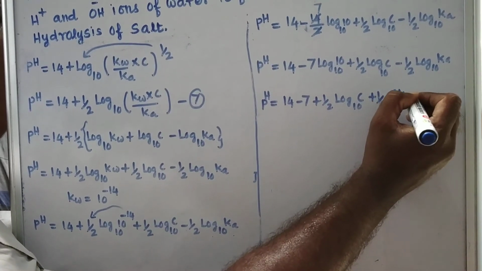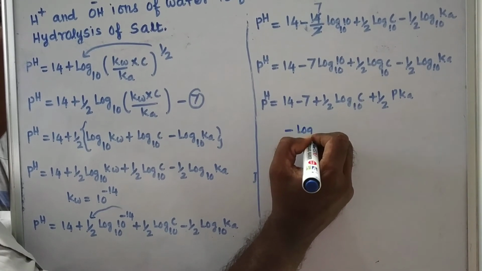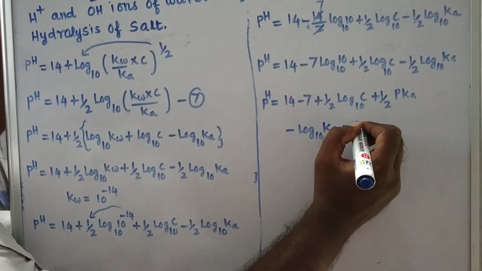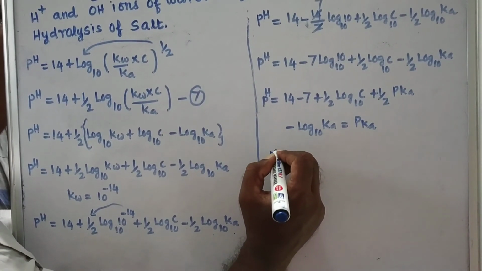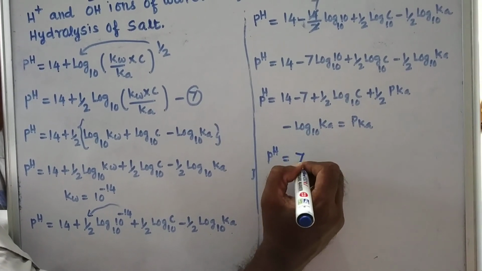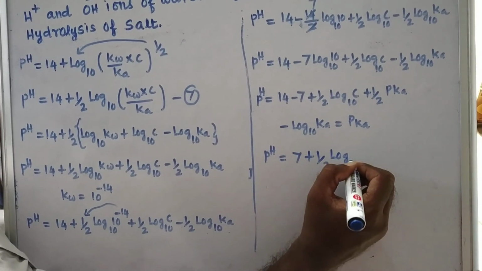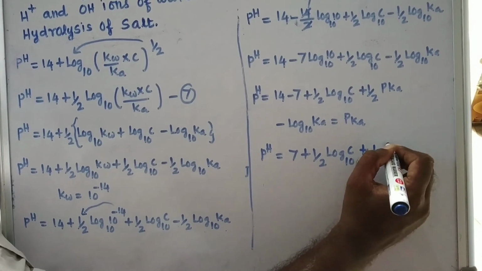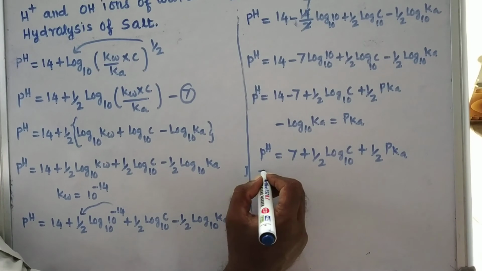Minus log base 10 Ka is equal to pKa. So pH equal to 14 minus 7, which is 7, plus 1 by 2 log base 10 C plus 1 by 2 pKa. So this is the pH of the solution.